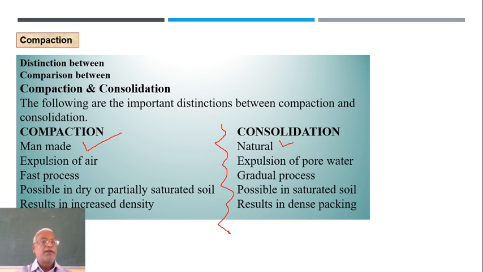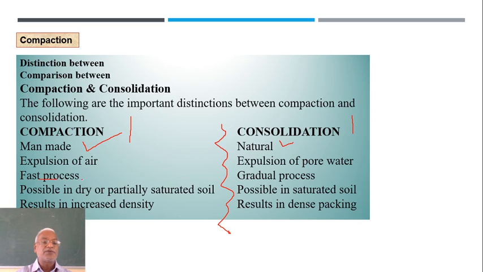In compaction we expel the air content or air voids, and water is added in this case, so that a more compact volume will be achieved. Consolidation is done for saturated soil, so what happens is expulsion of water itself. Here also there is a decrease in the volume, and there also there is a decrease in the volume.